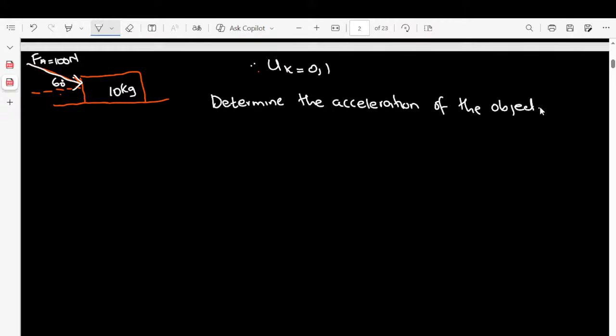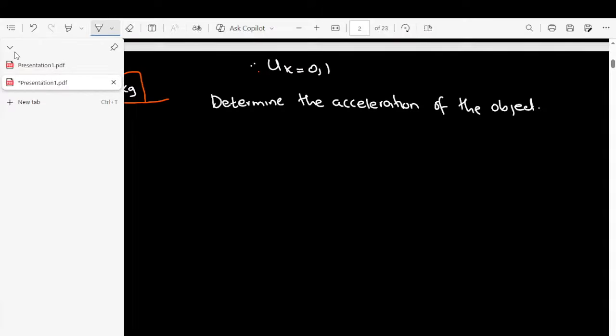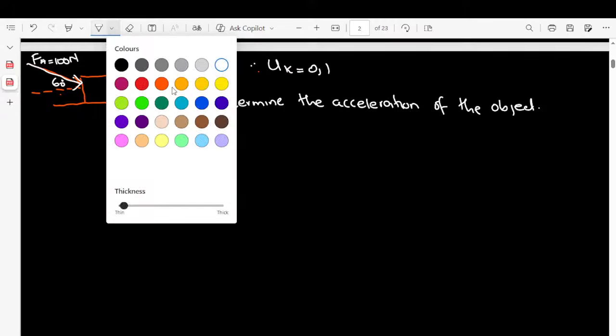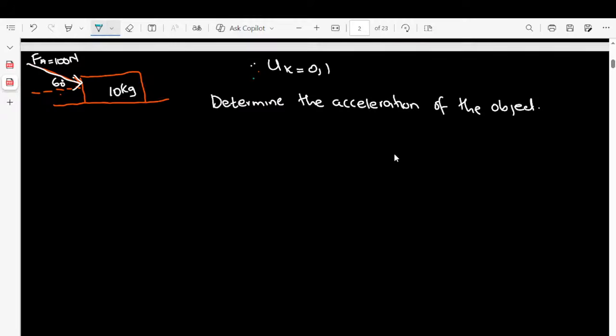Guys, we need to be very careful when we work with this type of problem. Look at what we are given here now. This problem wants us to find acceleration. I always tell you guys, most of the time when you hear the word acceleration in the question, this tells you that this is Newton's second law.